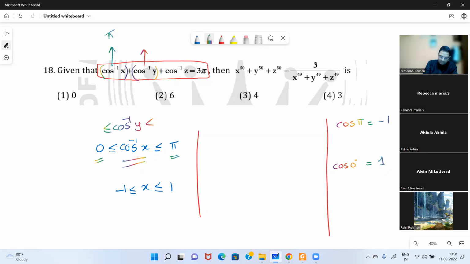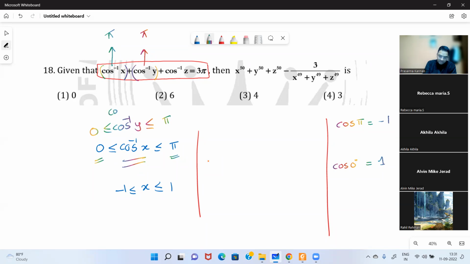Cos inverse y also lies between what? 0 and pi. Correct or not? So what is the maximum value cos inverse y can take? Pi only. Correct.